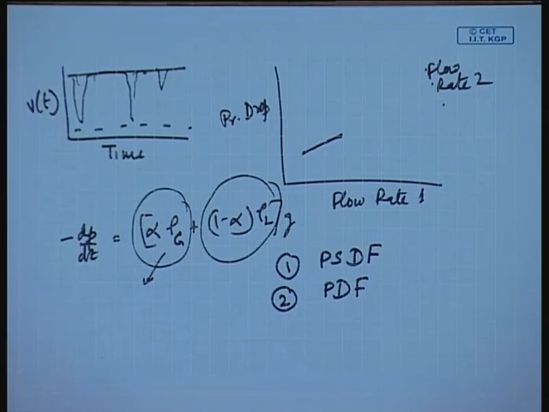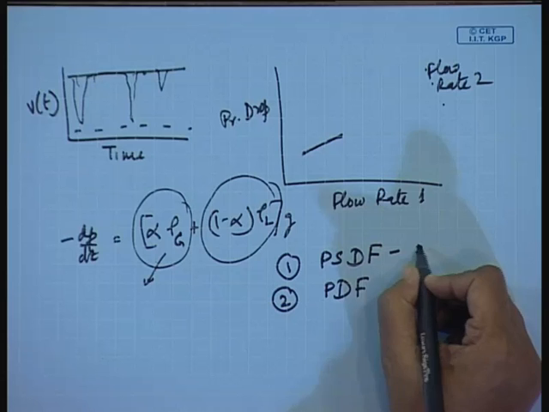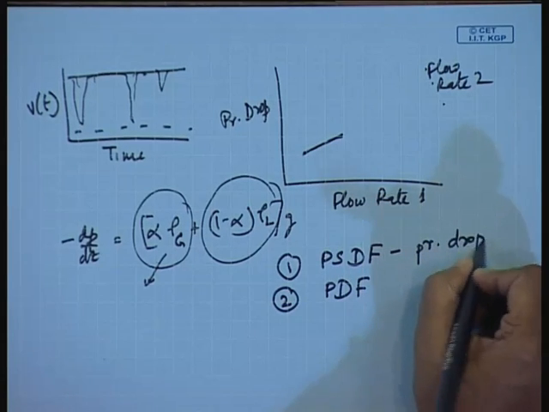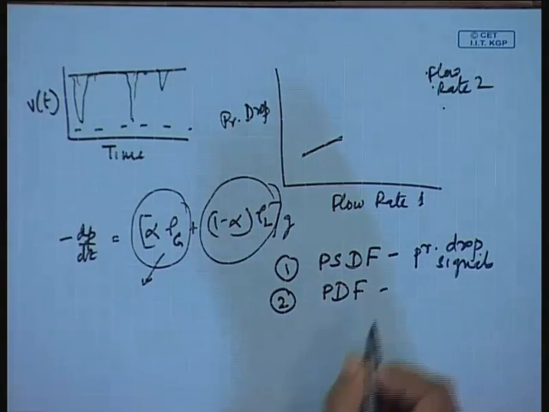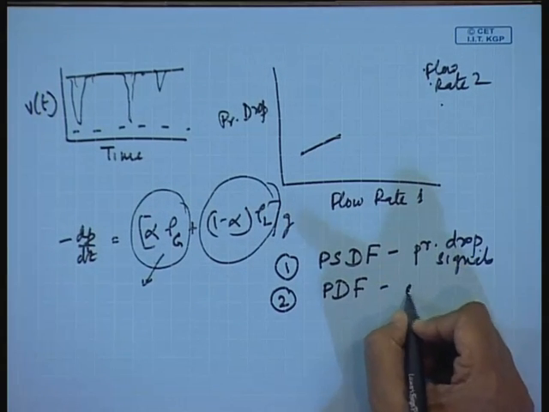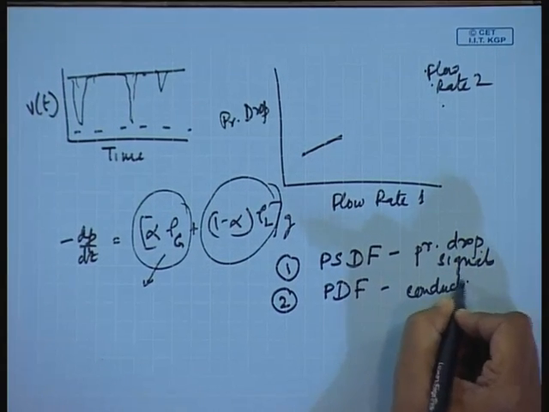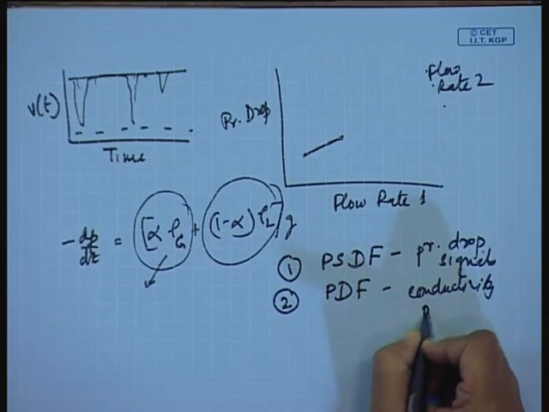Usually we perform the power spectral density function analysis for pressure drop signals, and this PDF analysis is performed for your conductivity probe technique or your radiation attenuation techniques.